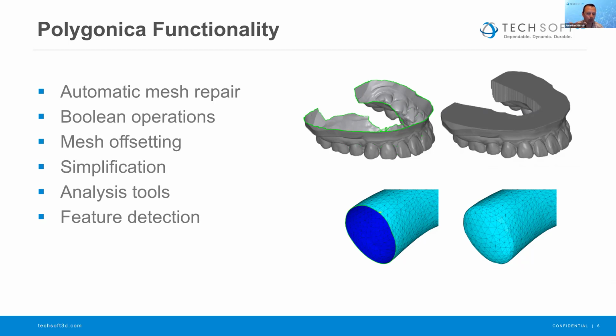It's really fast, and the number of errors is very minimal when running their automatic mesh repair. You can run it in an automatic, headless way, or you can fine tune it for a particular workflow or a particular data set.